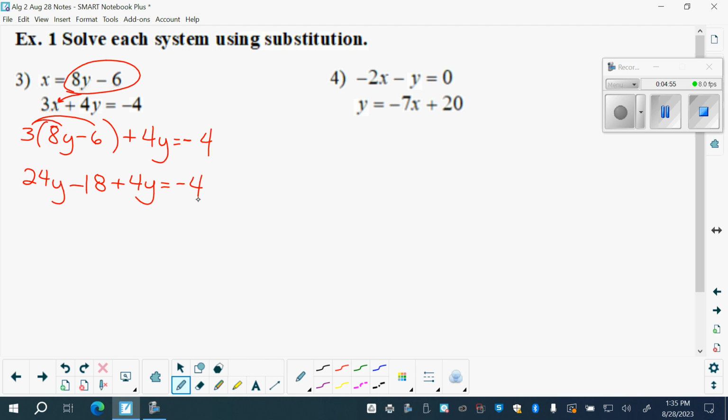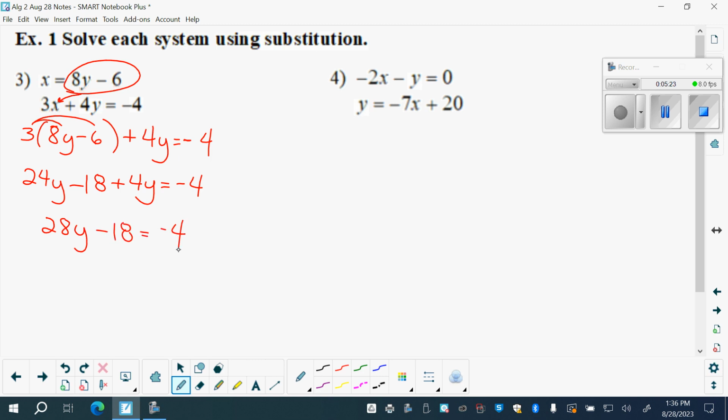You add 18 on both sides. So you can do that. I like to get my variables, anything that's the same, on one side. Are there any like terms on this side here? Is there a like term for the 4y over here? 4y. Yes, so we're going to add those together. 28y minus 18 is -4.